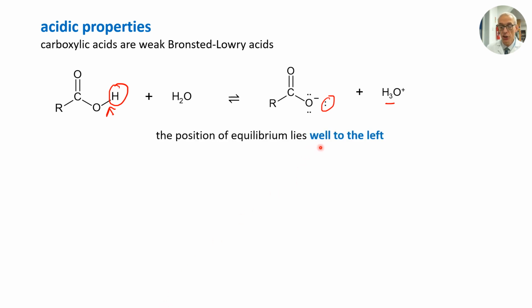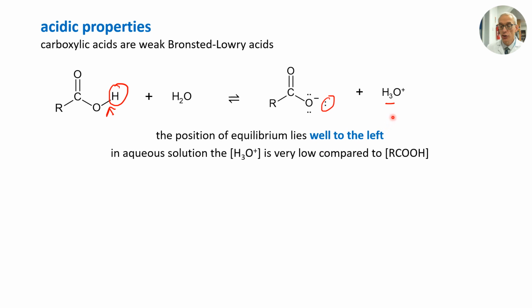Now, of course, the position of equilibrium lies well to the left. So the concentration of the hydronium ion is very low compared to the concentration of the weak carboxylic acid.